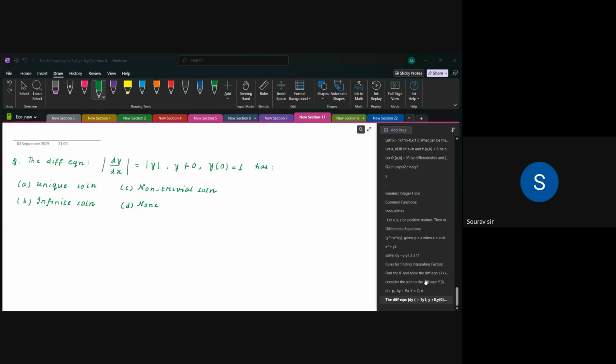This is the first question. So it's based on what kind of solution this differential equation will have.